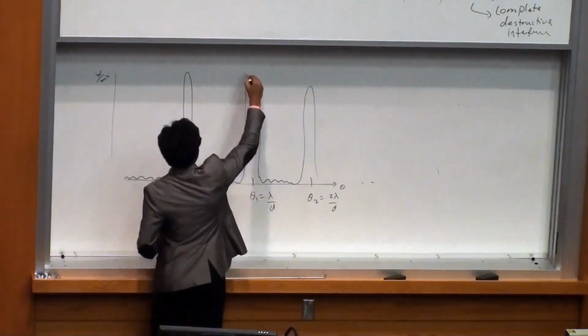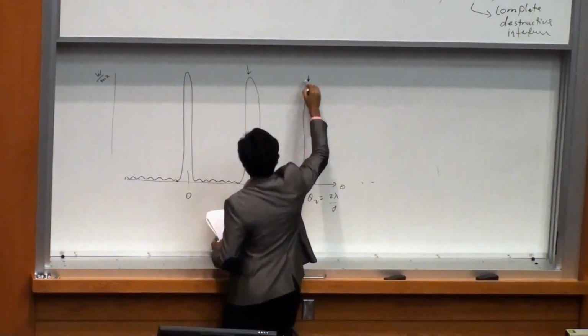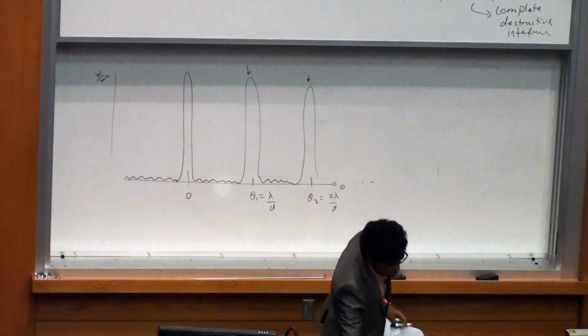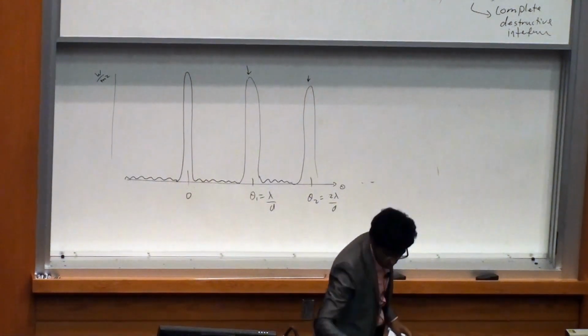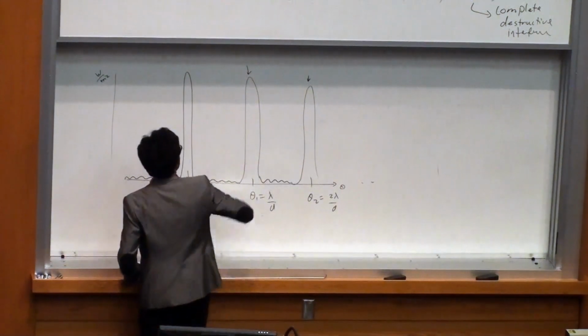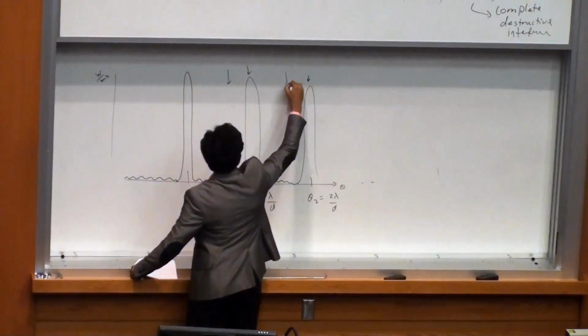So for instance, I have my red peak over here. This is my red, all the peaks. Red peak over here. My blue peak, if I can find my blue marker, will be somewhere over here for this one. And same thing for this one, it will be somewhere over there.